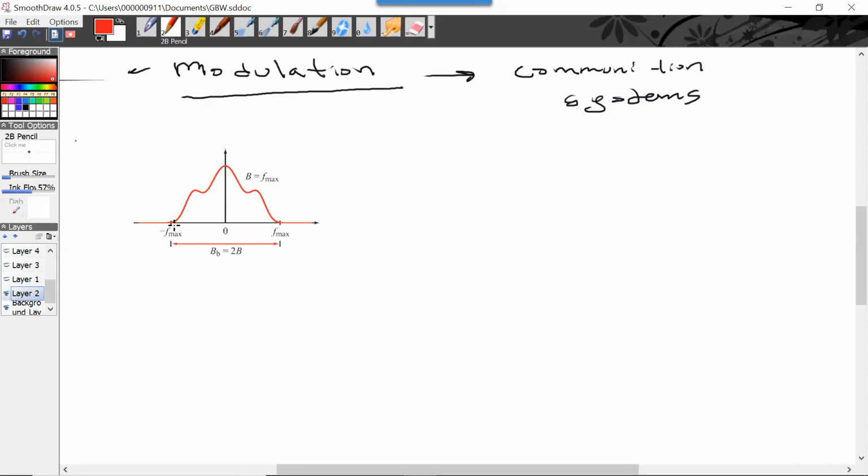This axis is frequency, and this is the actual signal components, as opposed to the Bode plot, where we're not necessarily seeing the signal, we're looking at the system.